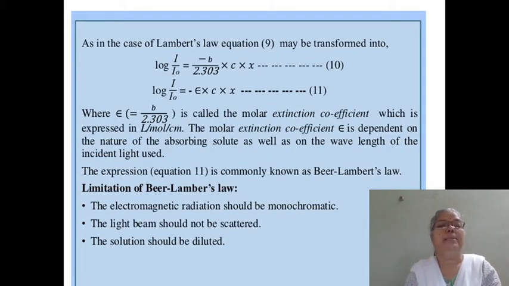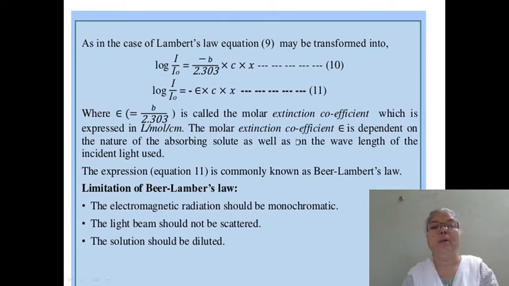Again, as in the case of Lambert's law equation, we may change that equation as log I by I0 equal to minus B upon 2.303 into C into x, where this is the second proportionality constant, denoted by the letter epsilon, and the value of epsilon is B upon 2.303.